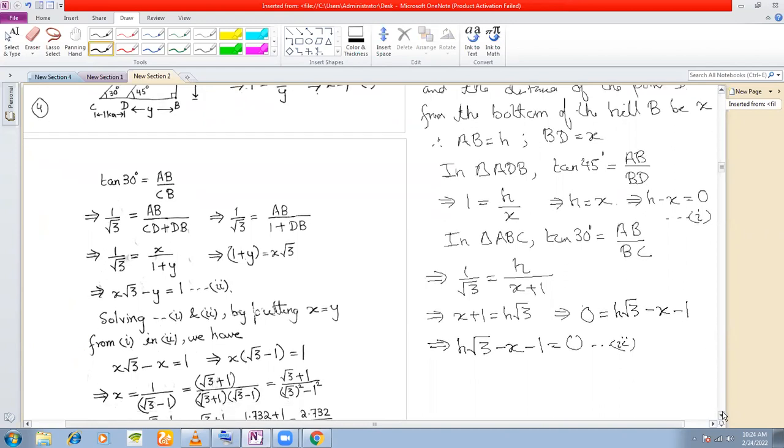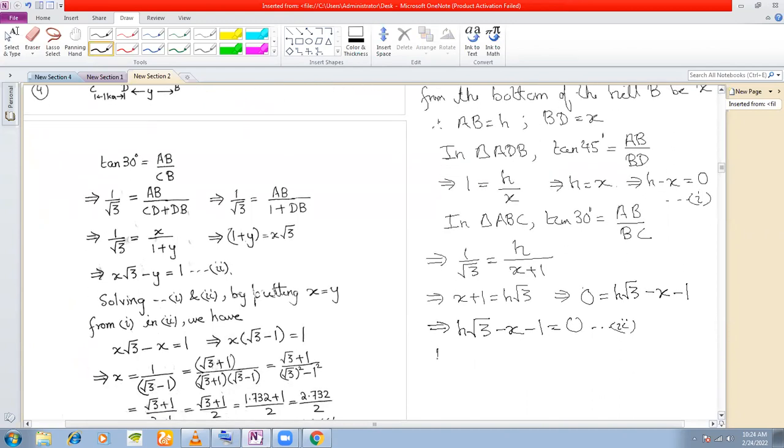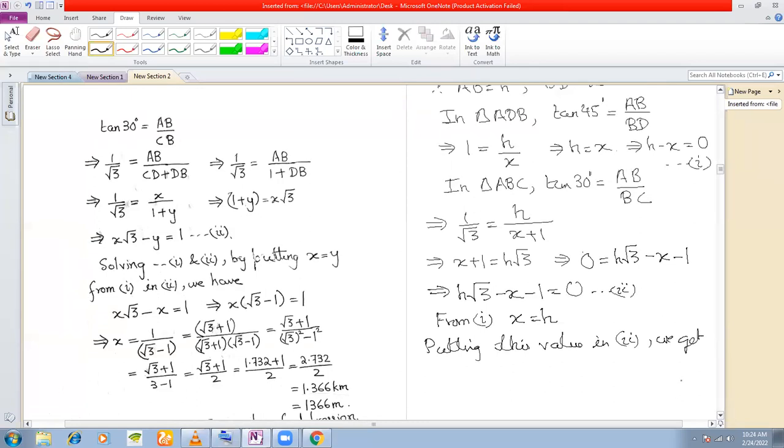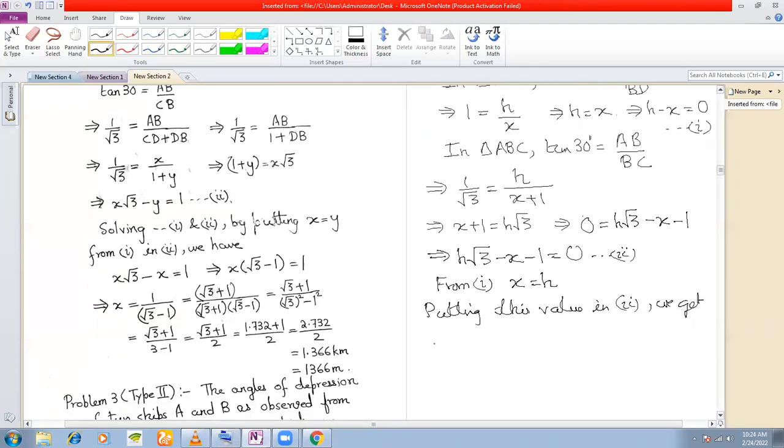So how do you solve these two equations? So from 1 you get X is equal to H, right? So put this value in 2. Putting this value in 2, we get H root 3, because we want to keep H, right?